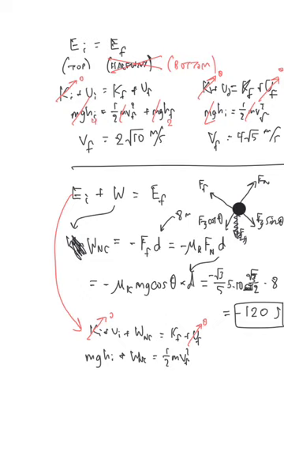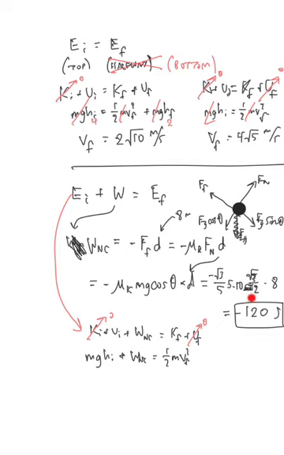Can you cancel out the m's in this equation like we did up here? The answer is no, because this term, the WNC, does not have an m in it. We've already solved for it. I got negative 120. Now, if I had just taken this whole formula for WNC and plugged that whole formula in place of this, then I could cancel out the m's.